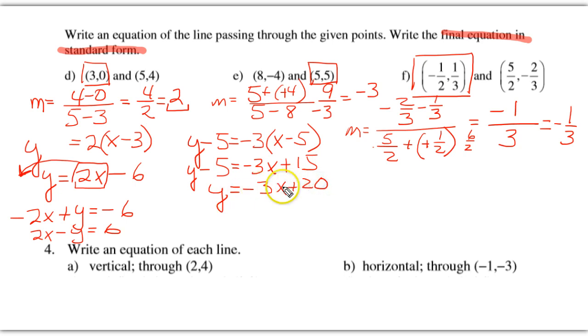But again, they want this in standard form. So I have to take my x term, transpose that, and since it's negative on this side, it becomes positive on the other side, and we don't have to change any signs anymore. That's the normal way they'd like to see an equation in standard form, when your a term is not negative.